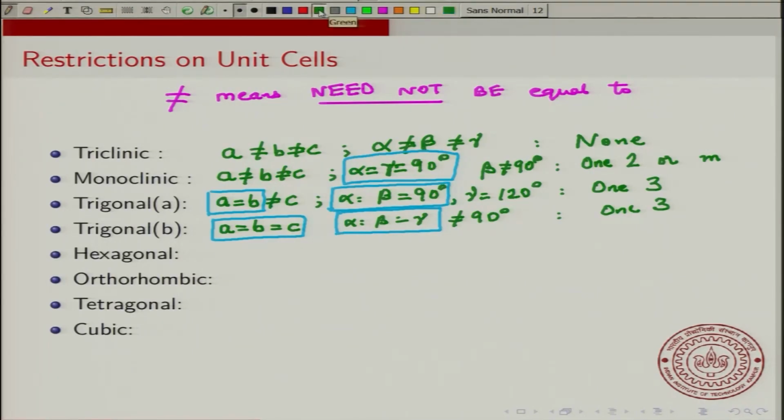In the hexagonal system, again you have exactly the same unit cell shape as the trigonal A. So A equal to B and need not be equal to C, and alpha equal to beta equal to 90 degrees, and I should emphasize that this is also a restriction, and gamma equal to 120 degrees, that is also a restriction.